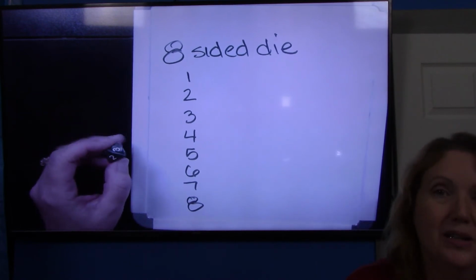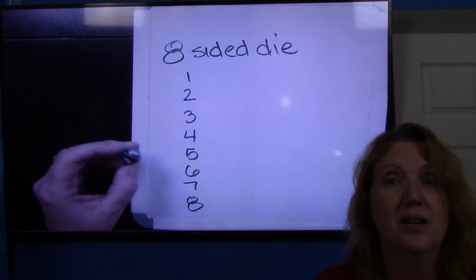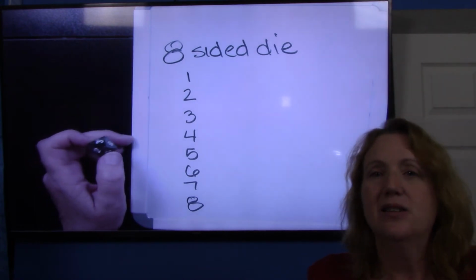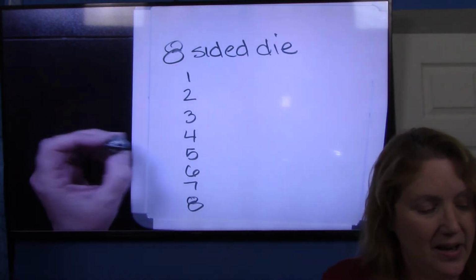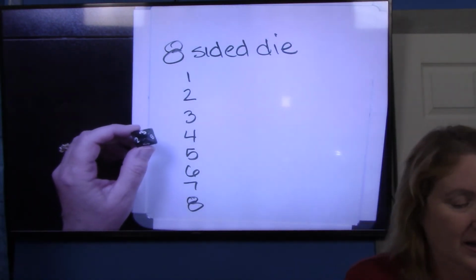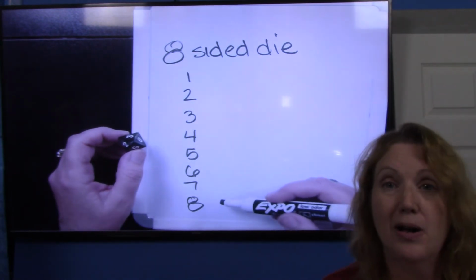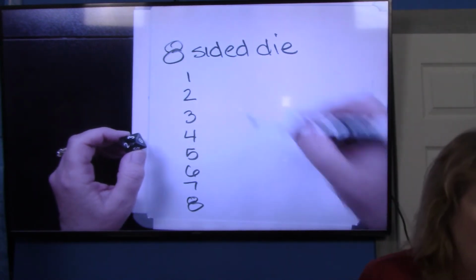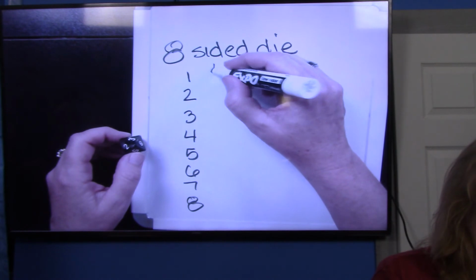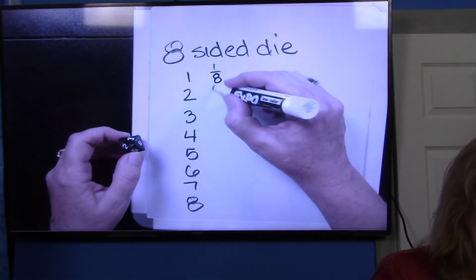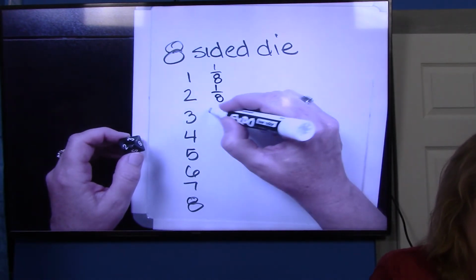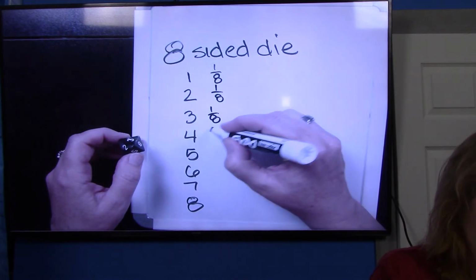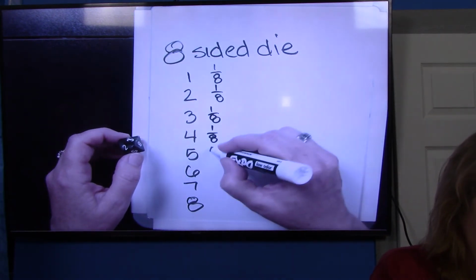Our possibilities or our outcomes can be 1 through 8. So now let's take a look at what our probability would be. Since I have 8 possible outcomes, each one of these would only have a 1/8 chance of getting picked.